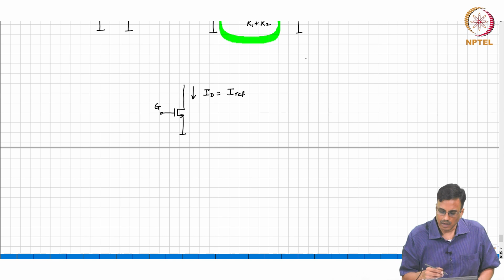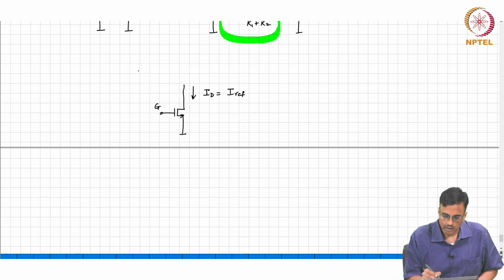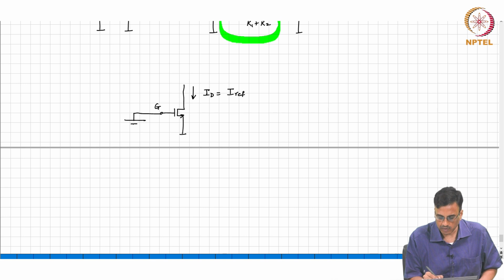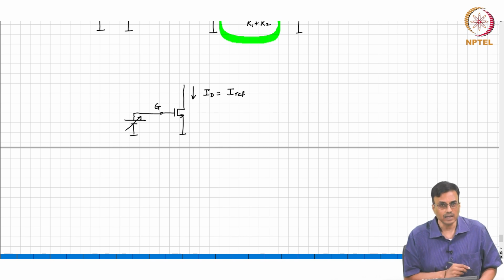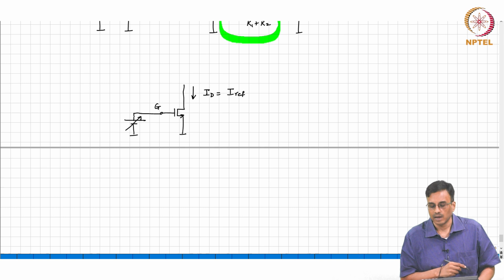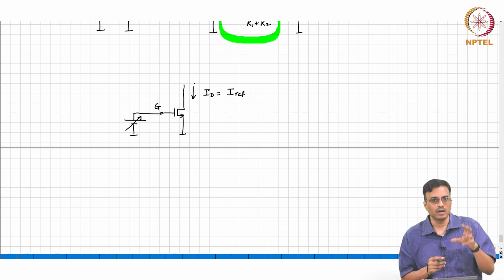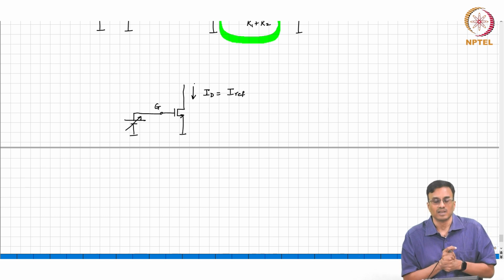So basically, the principle is the following. At the gate you have to have a variable voltage source, correct? What are we doing? We apply some unknown voltage source to the gate and note down the current. What is the meaning of noting down?